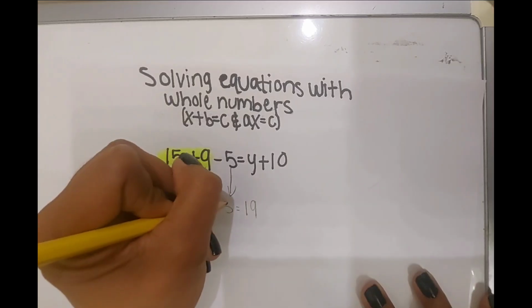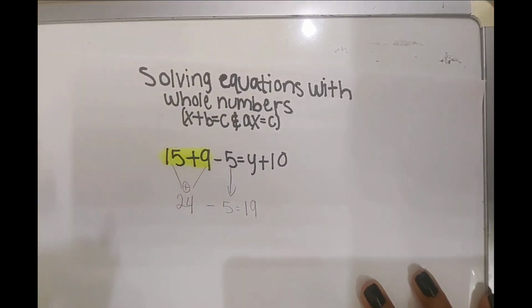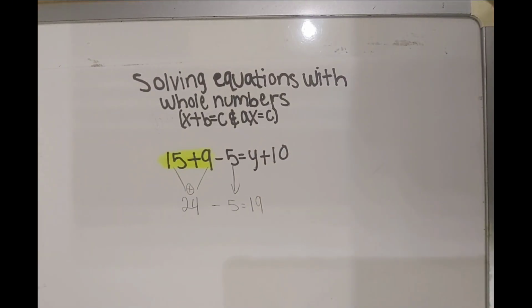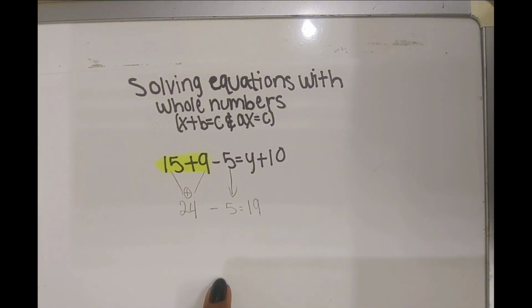Because 24 minus 4 is 20, minus 1, 19. You could also use your fingers, or you could also use a number line if it helps you. So that would be the first step.